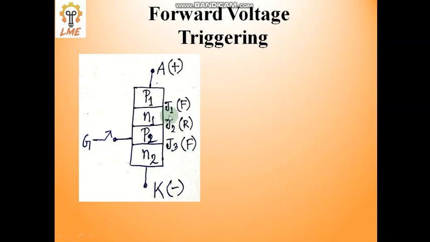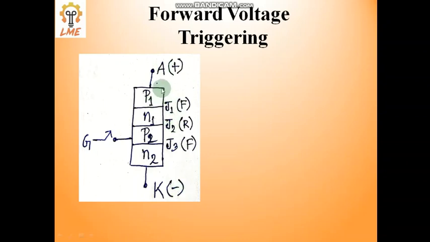So here we will try to trigger it on, meaning we will try to change it to the conduction state. Till now, when junction 2 is reverse biased, no current will flow through this device. So we will try to turn it on by increasing the forward voltage, meaning the voltage applied between anode and cathode will increase.